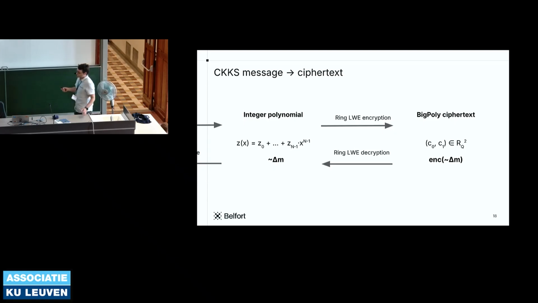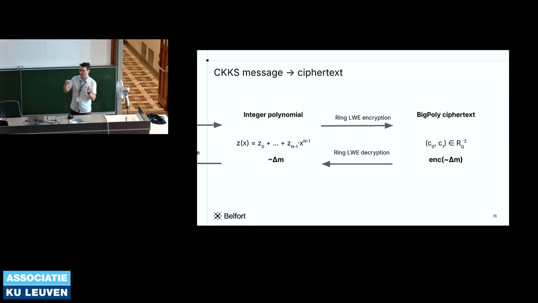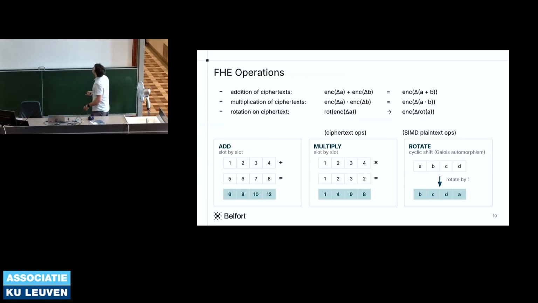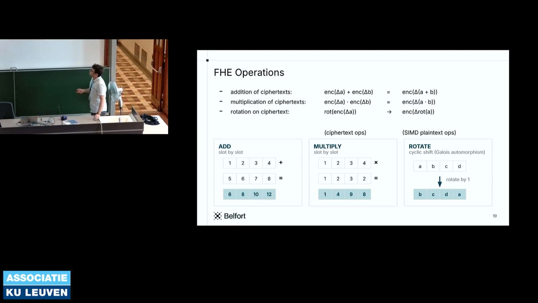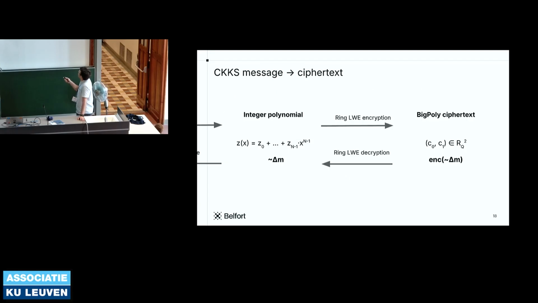So my point was, first, when I have my plaintext values, I pack them into a vector. I do these shenanigans with the delta parameter, which I'm going to call encoding. And then once I have this polynomial, I can do the encryption. So first encoding, then encryption. Now I have my encrypted message. I have this delta, because what did I encrypt?